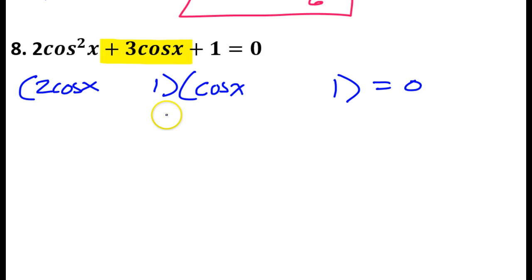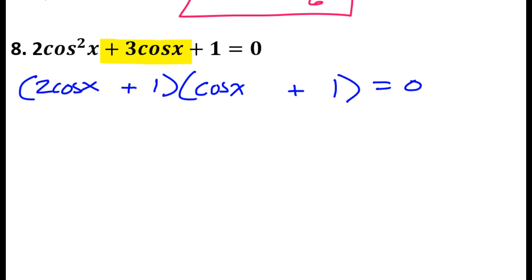So inner, I have 1 cosine x. Outer, if I multiply these, I have 2 cosine x. Inner plus outer must equal middle. If I want to get positive 3 cosine, I need both of these to stay positive. So both of these must be positive. And positive 1 times positive 1 is 1, so that works out as well.